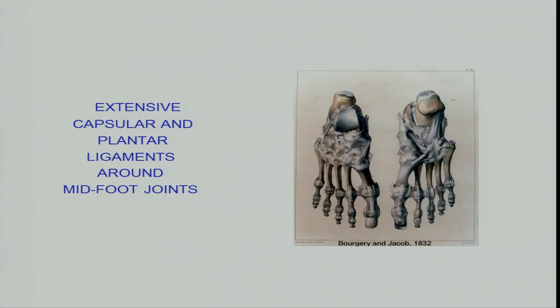Now, if you look at various illustrations of capsular and plantar ligaments, they all seem to converge towards the middle of the foot, in other words, towards the second and third metatarsal rays.